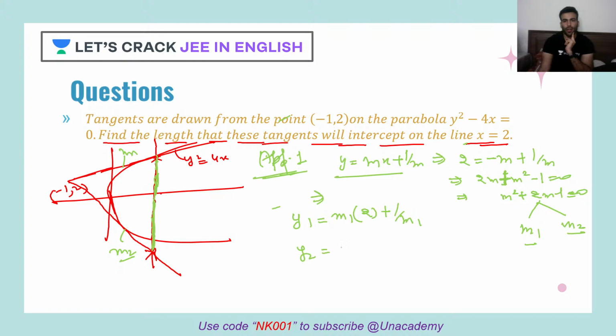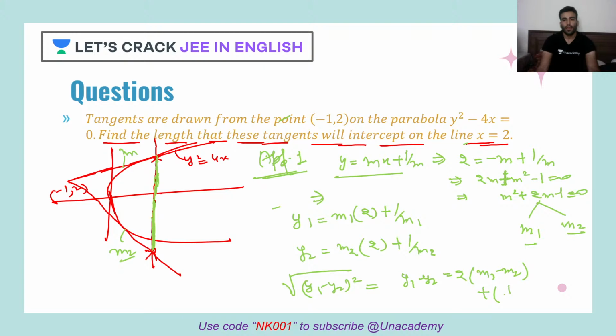And y2 will be m2 at 2 plus 1 upon m2, correct? Now using the distance formula to find the intercept, because x coordinates are the same for both points, I have to do y1 minus y2. So what will I get from this? 2 will be common, so I'll get 2 times m1 minus m2 plus 1 upon m1 minus m2.